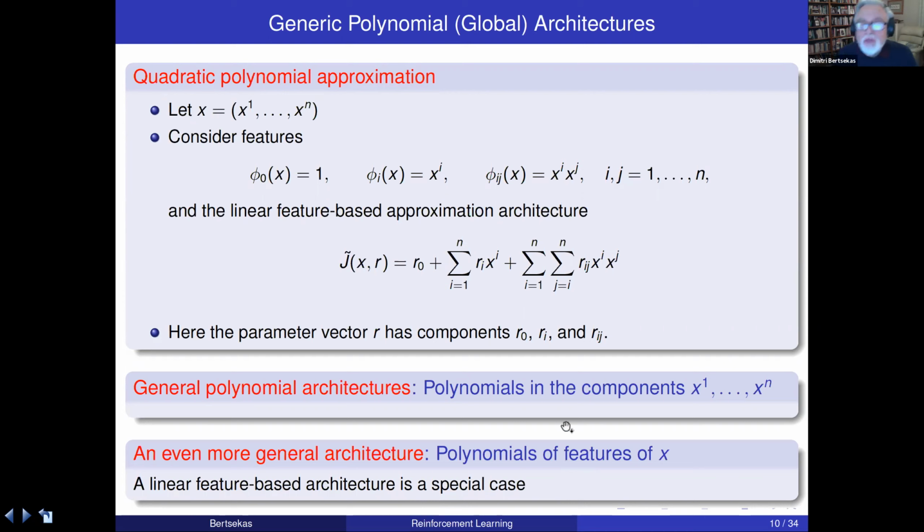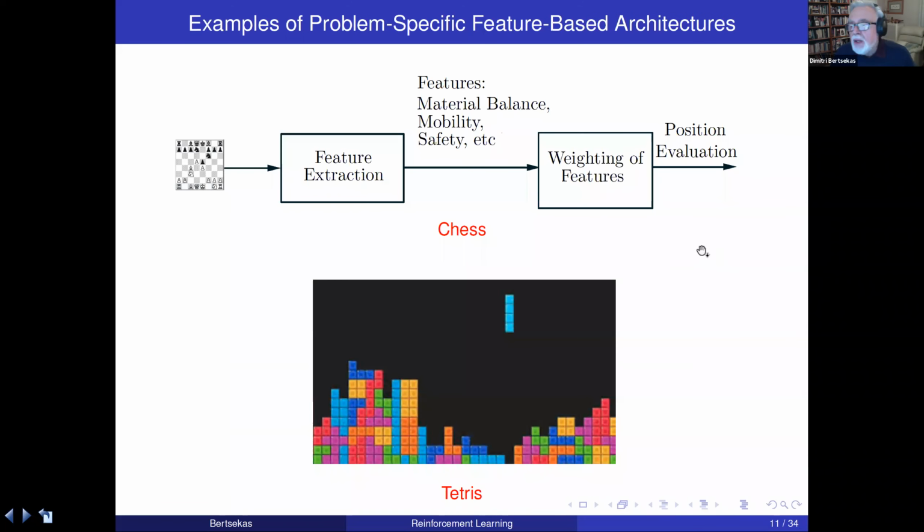Okay, so that's pretty general. At least for those, you don't need to know any special features of the problem. But there are a lot of problems where you do know some very valuable features that capture, to a significant extent, the nonlinearity of the target function that you want to approximate. For example, in chess, remember that the state is the board position. And when a chess player looks at a board position, he mentally extracts features from the position, important characteristics of the position.